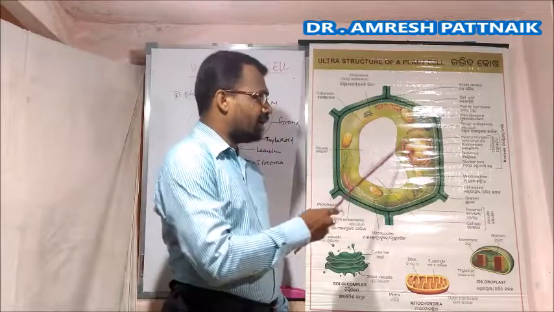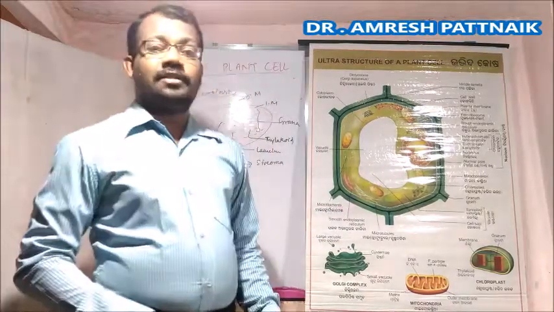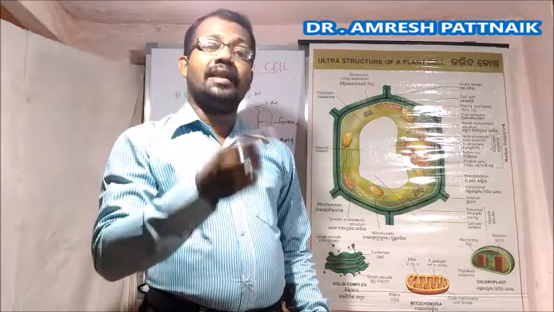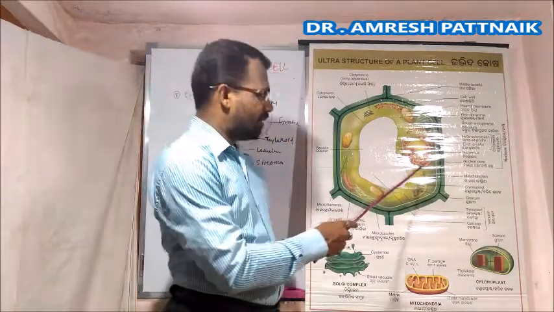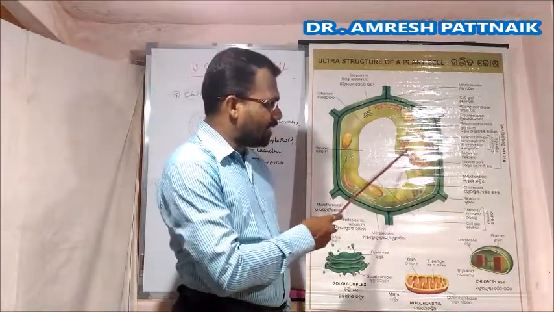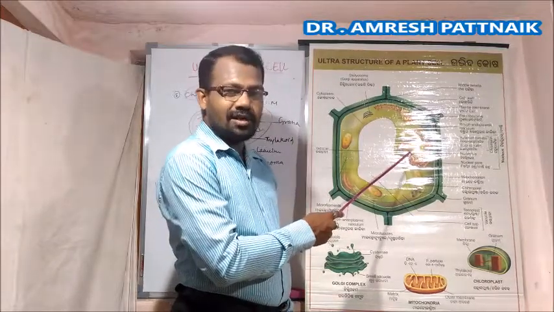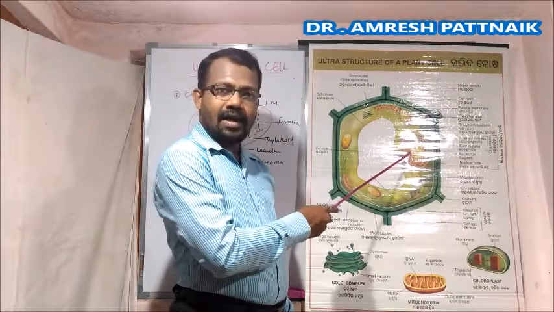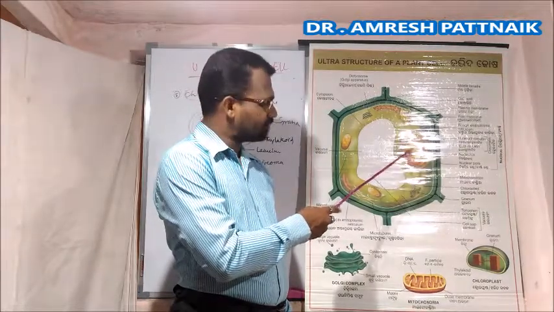You can see the nucleus is covered with an envelope of two distinct layers. Inside that, a spherical structure is there which is known as the nucleolus. It contains mostly RNA and helps in protein synthesis.